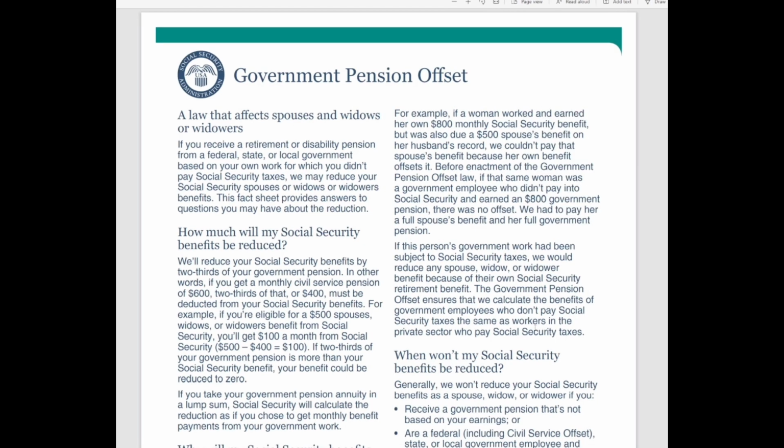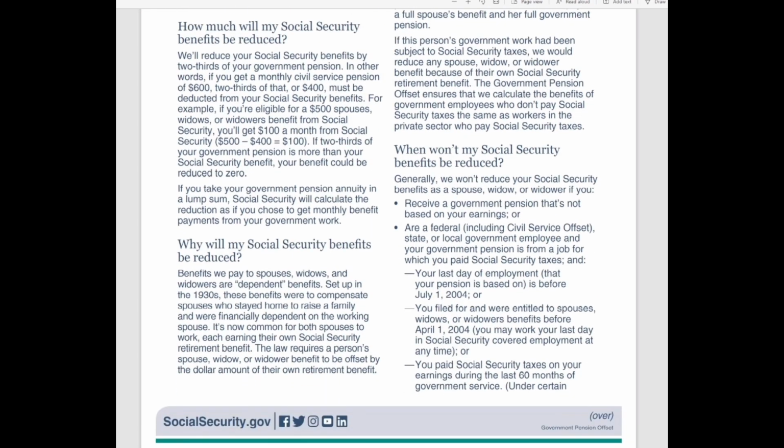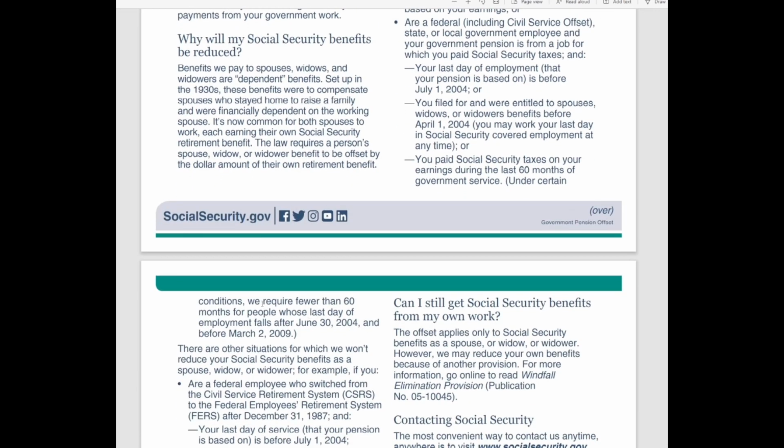As far as any sort of way to remove GPO, the only way to do that is if we scroll down here. It basically talks about the last 60 months, or the last 5 years, of your non-covered work.